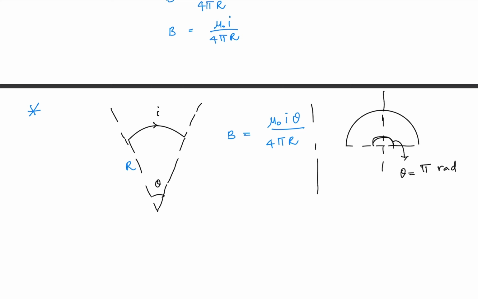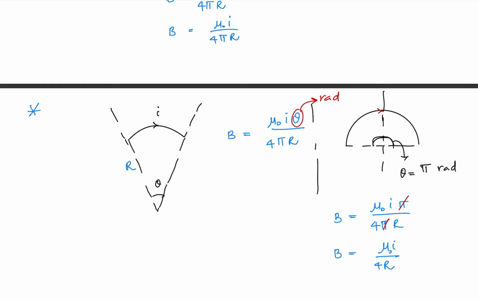This theta value is always to be considered in radians. So in the case of a semicircular wire carrying a current, the magnetic field B is equal to mu naught into I into pi divided by 4 pi r, where the pi and pi get cancelled, so the magnetic field B will be equal to mu naught I by 4r.